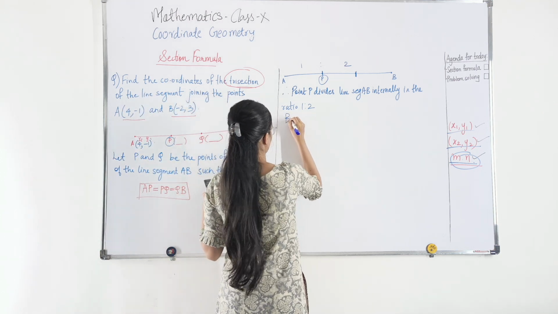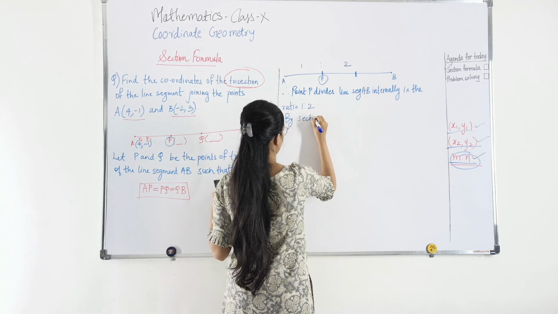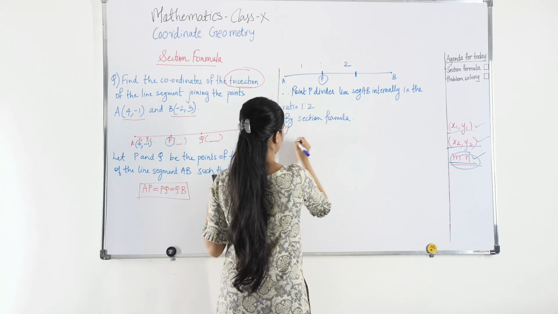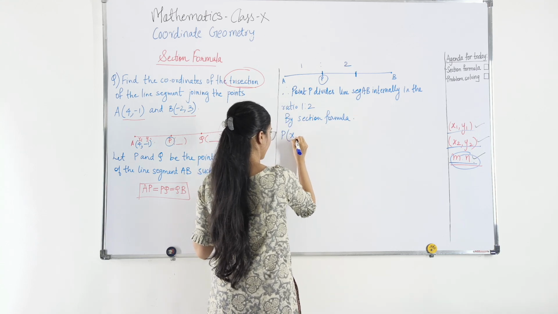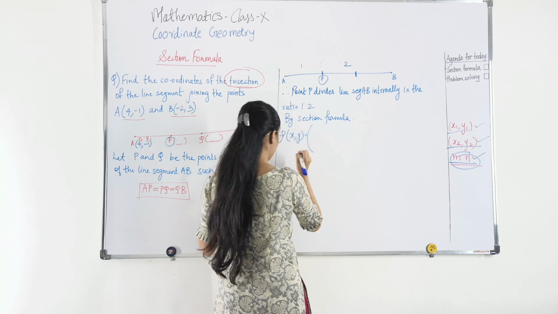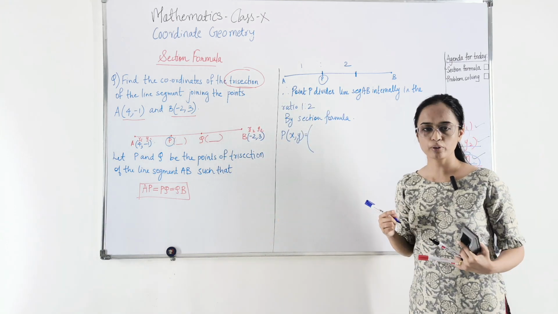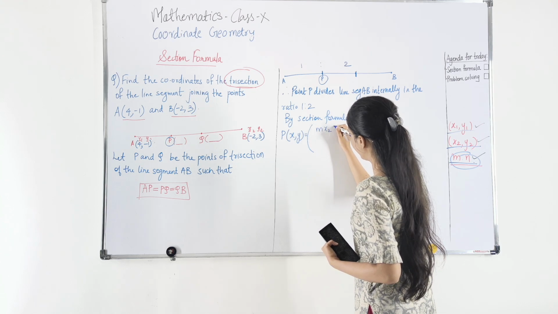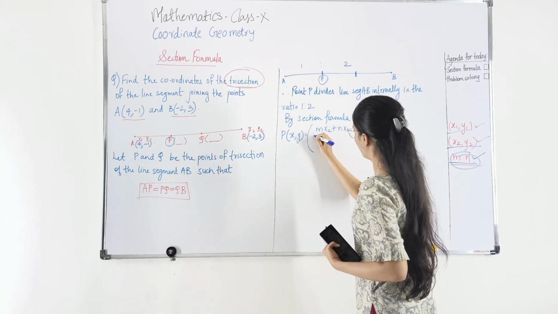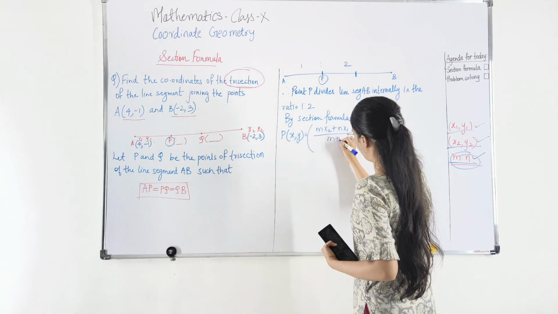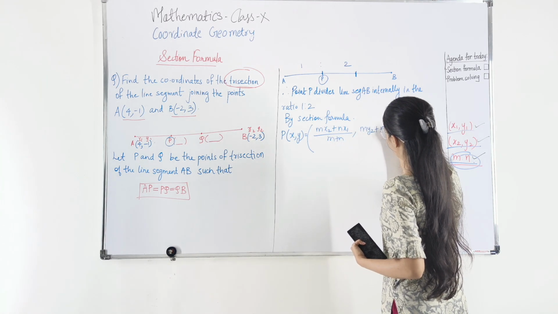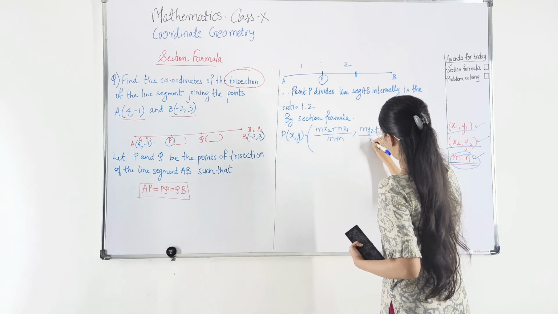So again, by section formula, the coordinates for P, x comma y, would be, now how are you supposed to remember the formula? m comes first, x2 comes second, n into x1, upon m plus n. Similarly, you are going to write the same formula for the y coordinate.